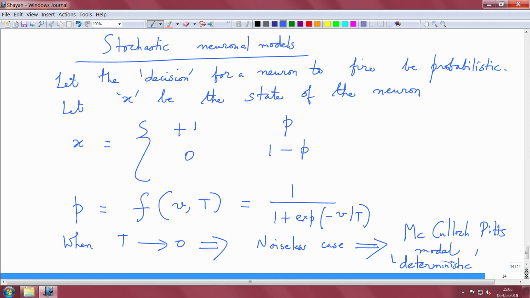So, one can think about this parameter t as the annealing parameter, and this can control the thermal fluctuations or the synaptic noise, and given this parameter t, you can adjust your firing threshold.